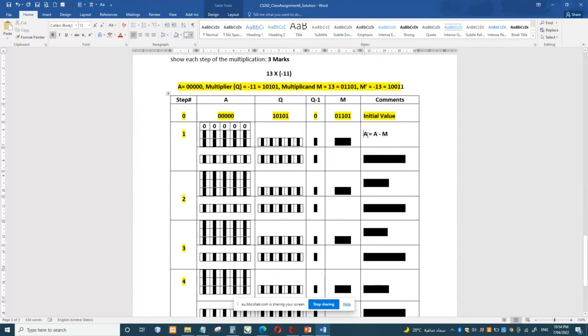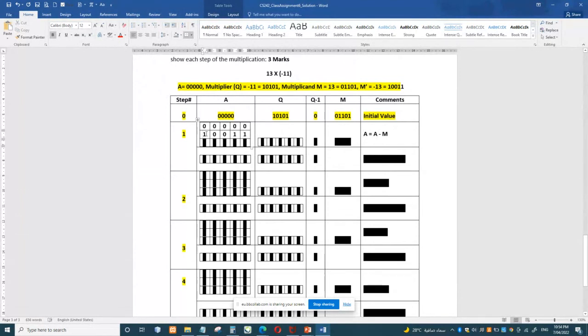Since A minus M, with the result stored in A, means we add minus M, which is minus 13, 1 0 0 1 1. So this is minus M.